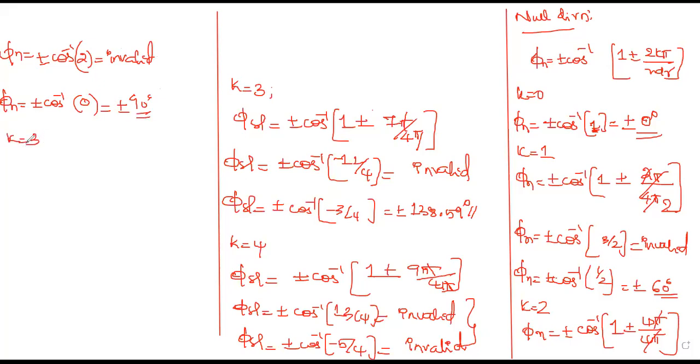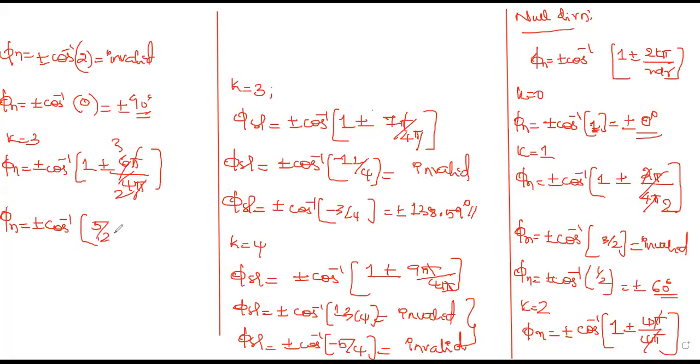Again, k is equal to 3. So phi null is equal to plus or minus cos inverse of 1 plus or minus, this will be 3 2s are 6, 6 pi by 4 pi. Cancel. You get 1 plus or minus 3 by 2. So phi null is plus or minus cos inverse of 1 plus 3 by 2, which gives 5 by 2.